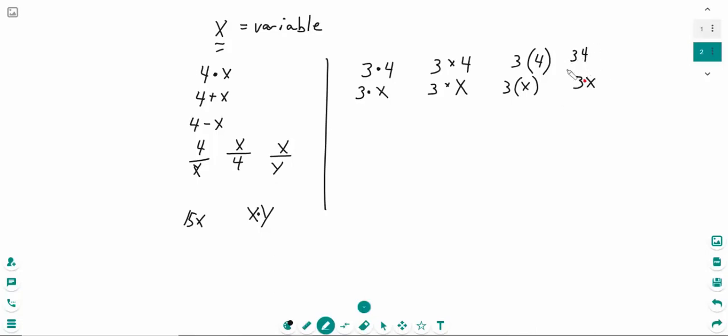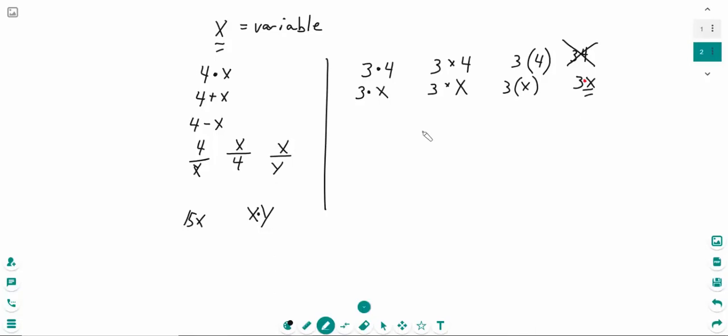Is it 34 or is it 3 times 4, right? So we don't use that when we're dealing with numerical expressions. But when we have a variable, it's okay to do it because this is obviously 3 times x. There's no 30x. It's 3 times x. All right. So hopefully that makes sense.